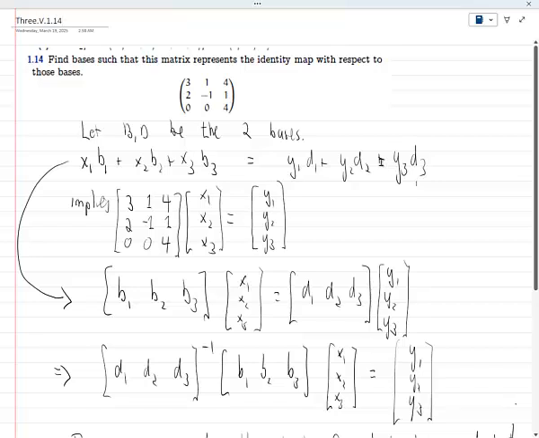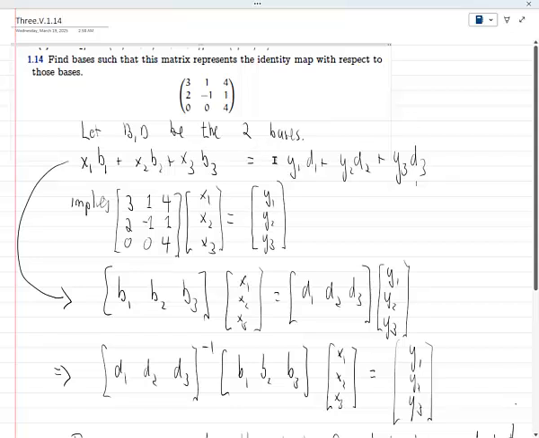Okay. So when he's talking about representing the identity map, he's saying that in fact, there's a matrix that relates the coefficients with respect to the B basis and the coefficients with respect to the D basis. It's the same vector, identity map, same vector, but we're relating the coefficients.